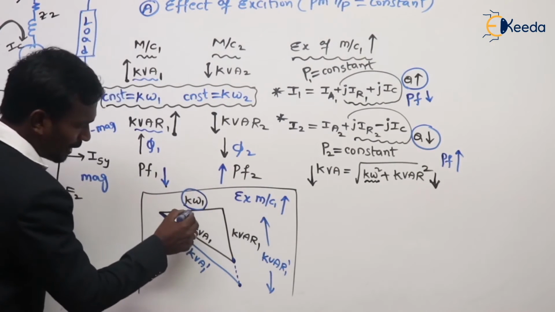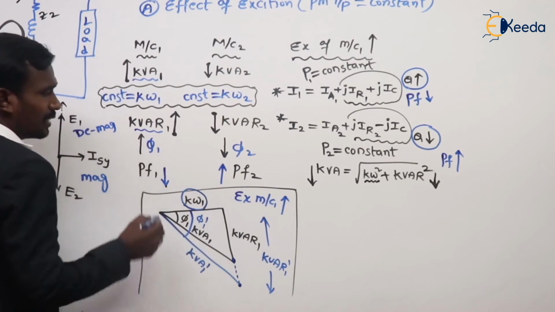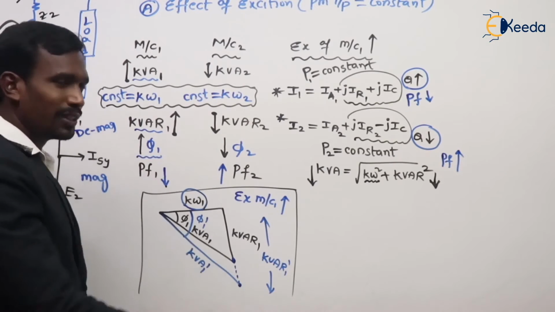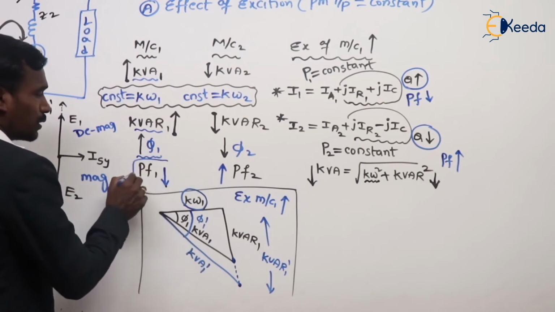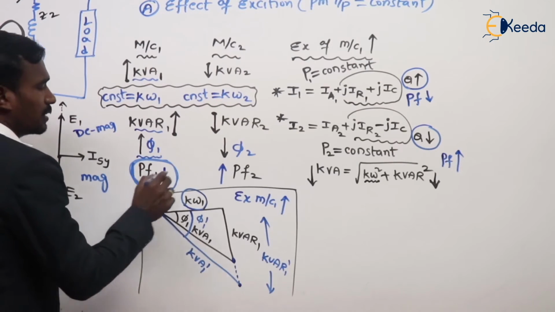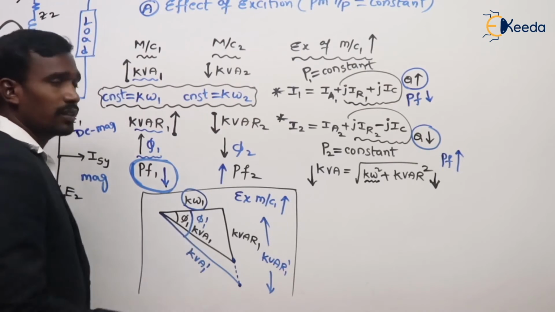What about the power factor angle? Once see, this is the power factor angle. The power factor angle also increases. If the power factor angle increases, what happened to power factor? Ultimately, the power factor decreases. This is simply about machine 1.